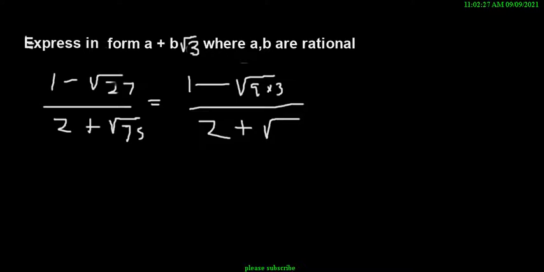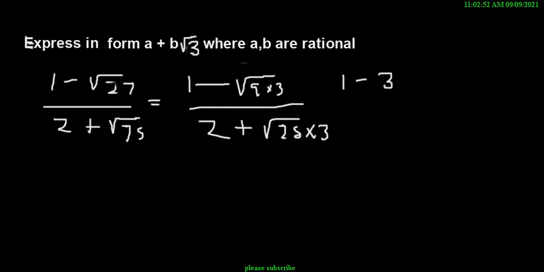and 3 into 75, that is 25. We have 25 times 3. So here I have 9 times 3 will give us 27, 25 times 3 will give us 75. So now we have 1 minus, well, root of 9 is 3.